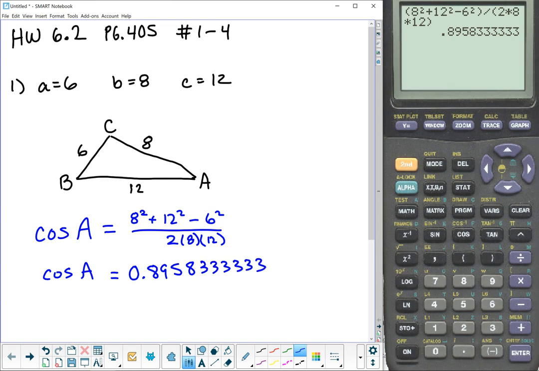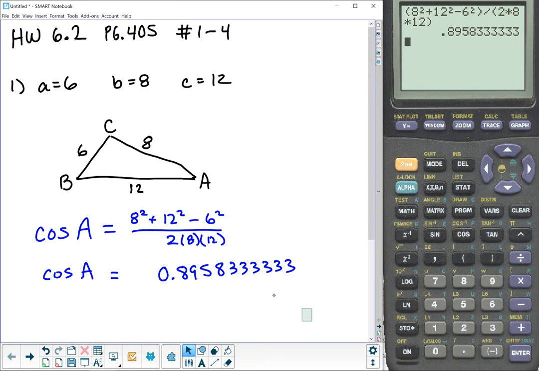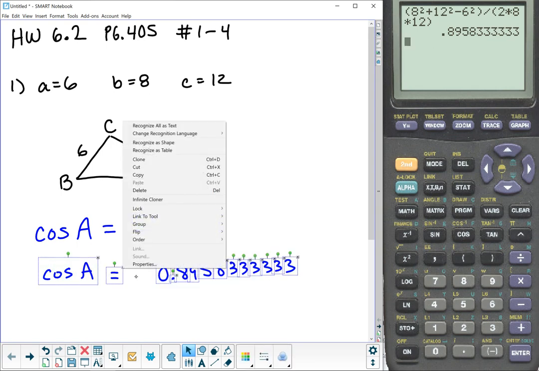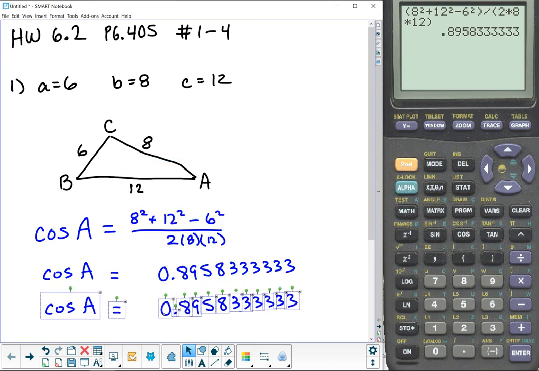0.8958333333. Okay, now I need to find A, not cosine of A, so I will need to do a cosine inverse of both sides. I'm only going to do this once, just because I'm such a nice guy.